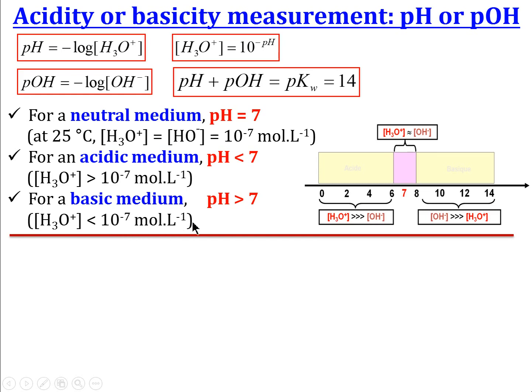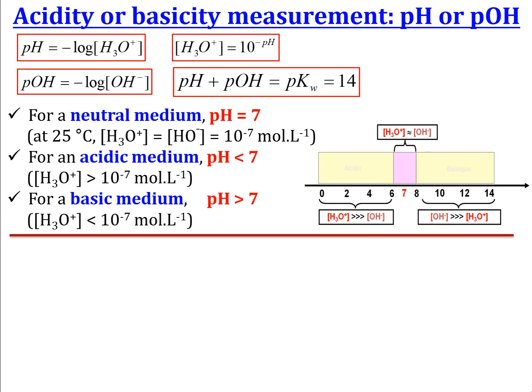In some books, solutions of pH between 6 and 7 are named slightly acidic. Solutions with pH between 7 and 8 are named slightly basic. Why? Since in this domain from 6 to 7 and from 7 to 8, the concentrations of H3O+ and OH- are close.